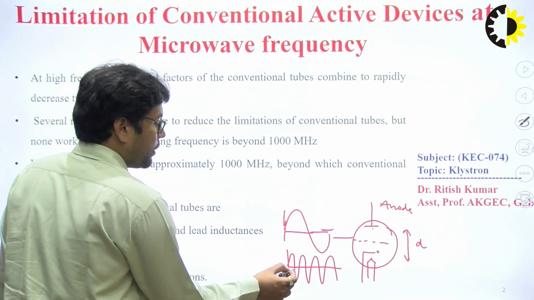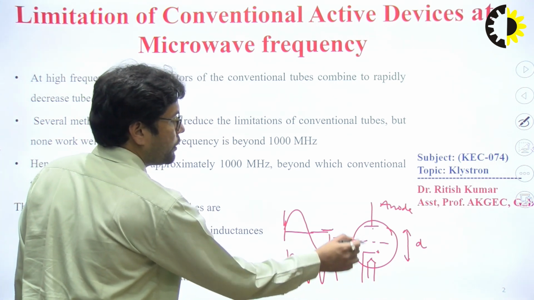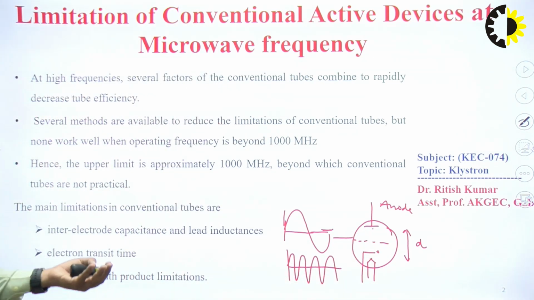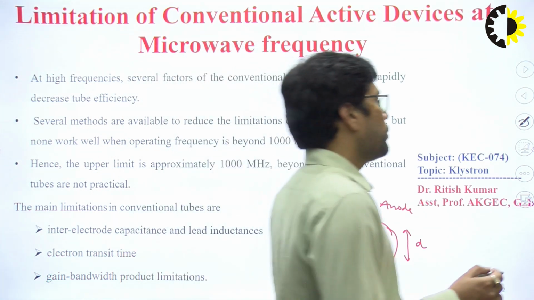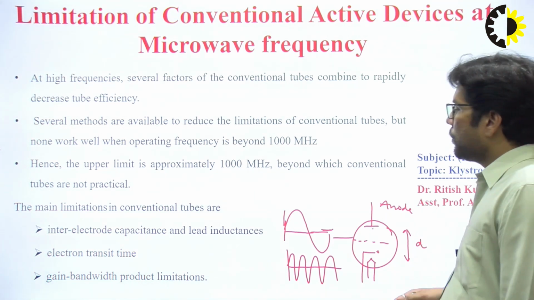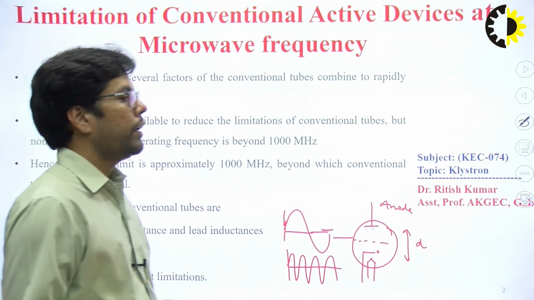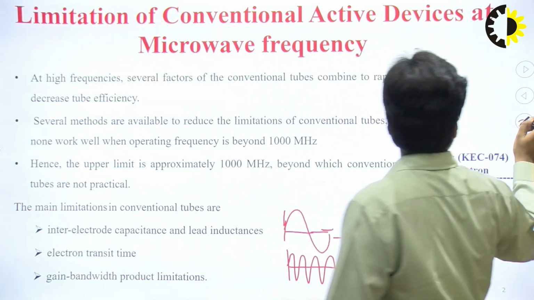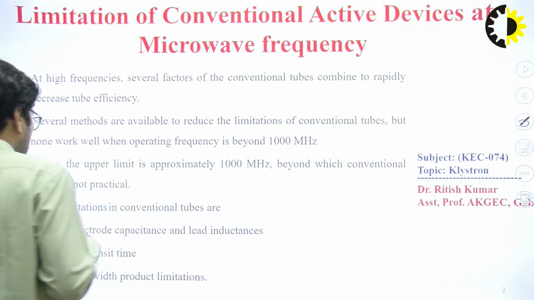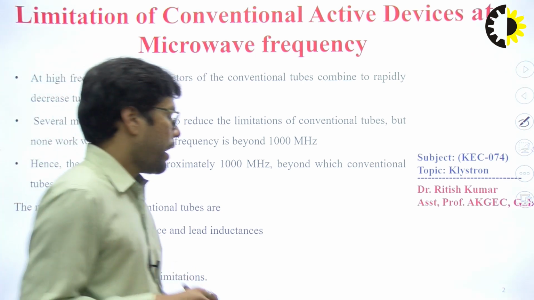If the polarity changes from plus to minus, the electron can oscillate between the grid and the cathode, and some of the electrons cannot reach the anode. That is why the performance and efficiency of the device decrease. This is another effect of higher frequency on the device.